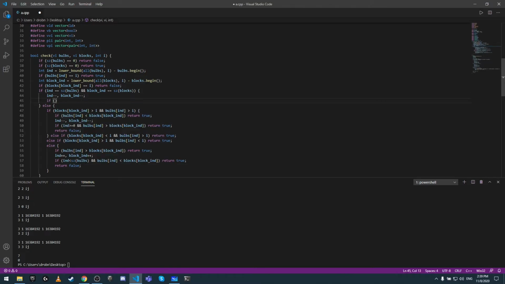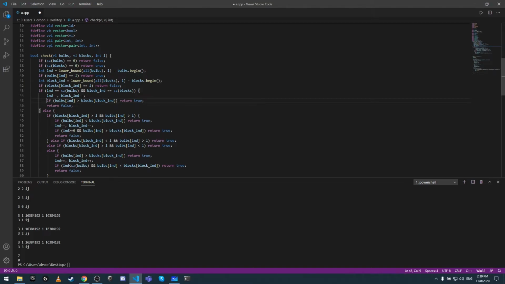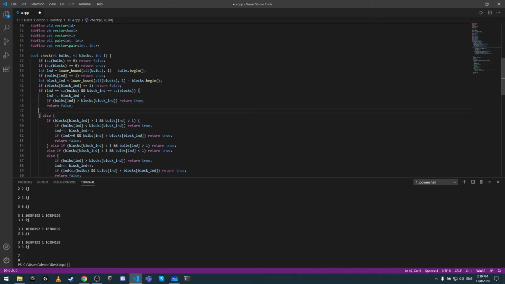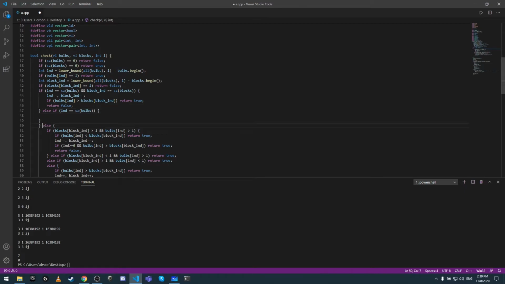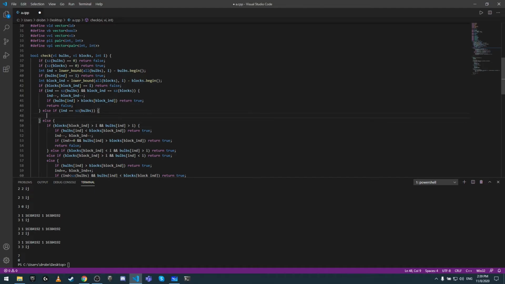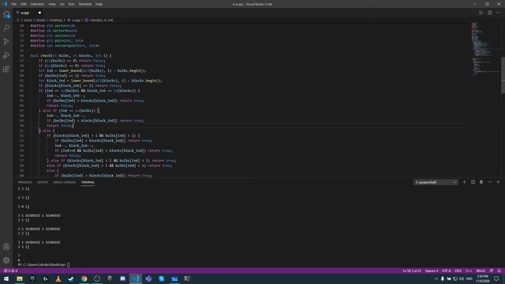If this size of bulbs, then basically block minus minus, right? It's the same thing except with the block minus minus only.